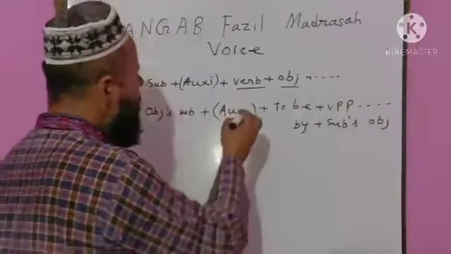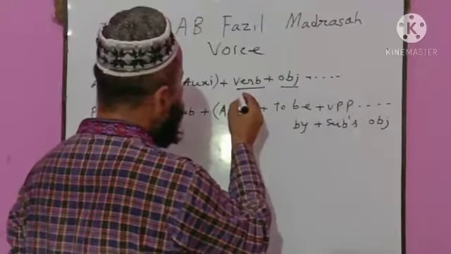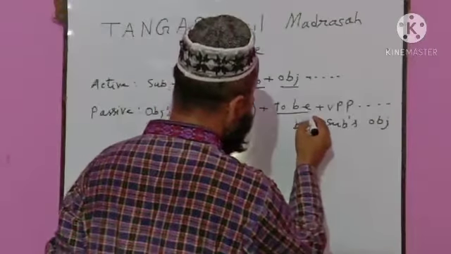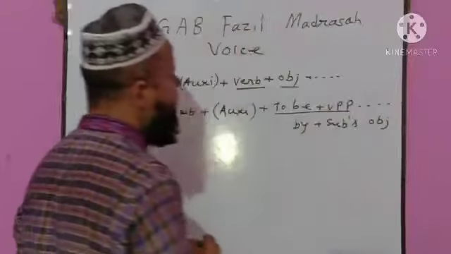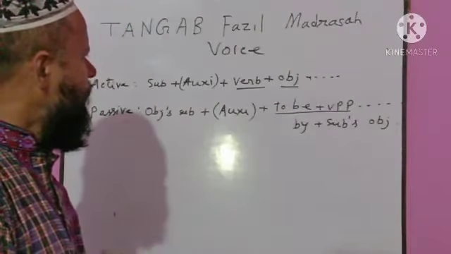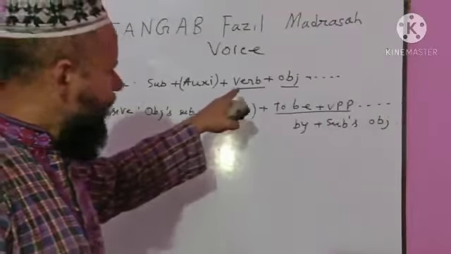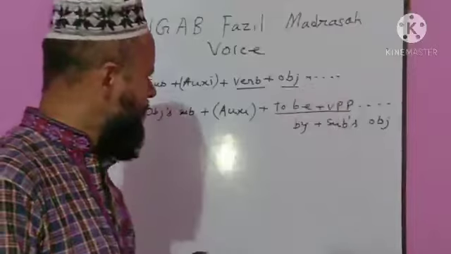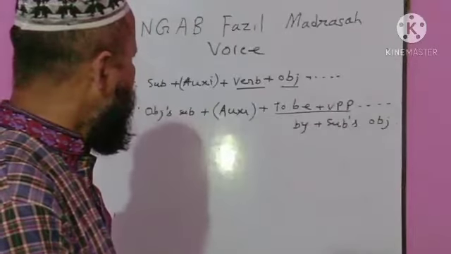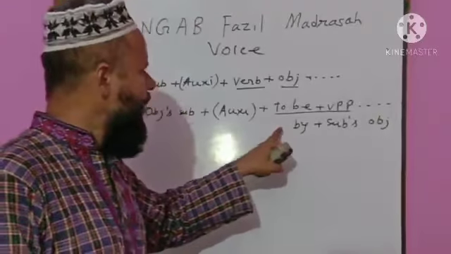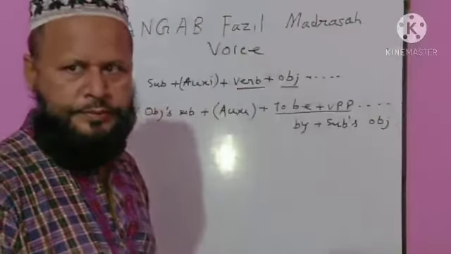And this to be will be written according to the main verb, and the main verb will be past participle. After other words, you will use the preposition by and then subject as object.